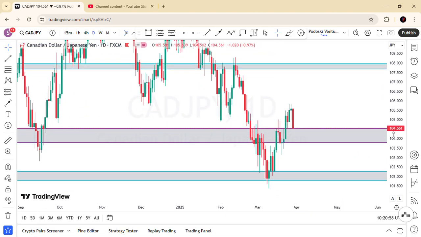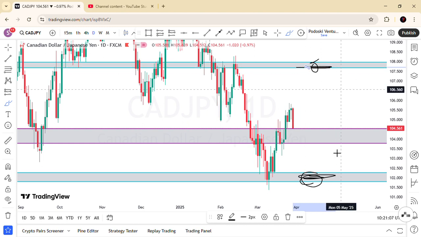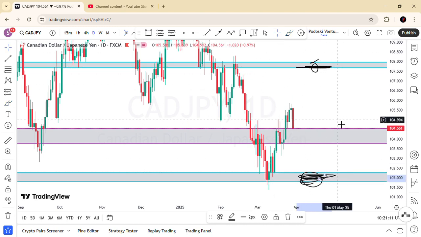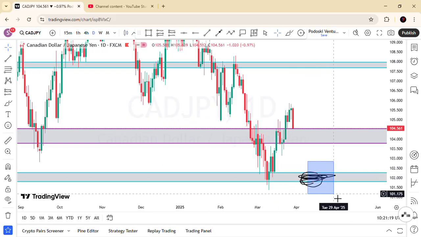So on CAD/JPY, I have my monthly upper zone here and my monthly lower zone here. What am I seeing on the daily time frame? I'm seeing a series of higher highs and higher lows.